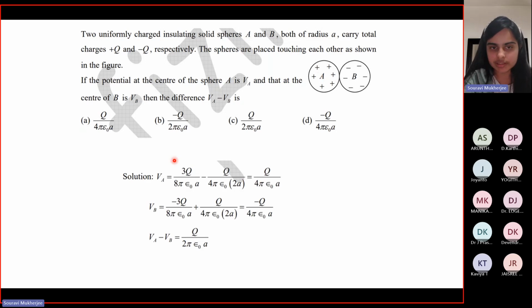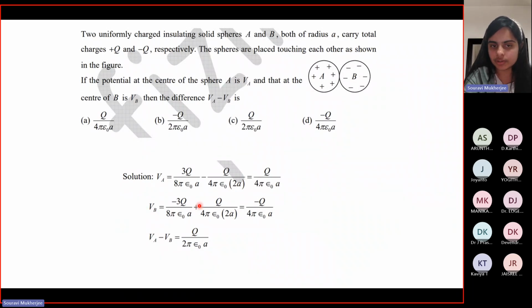So the potential VA at the center of sphere A is given as 3Q by 8 pi epsilon naught a minus Q by 4 pi epsilon naught into 2a, right? So this is what you get. Similarly, you can find the potential VB.